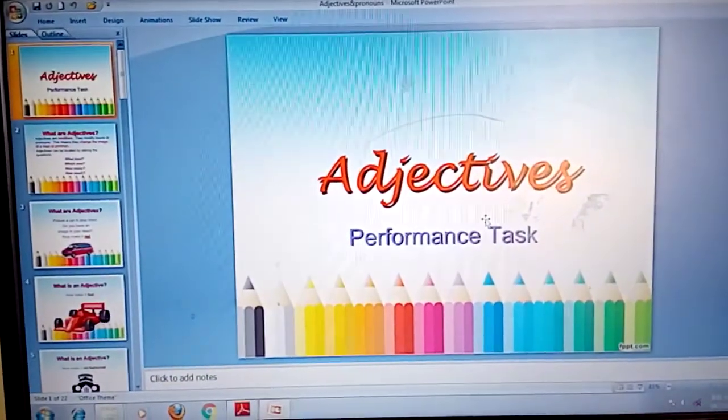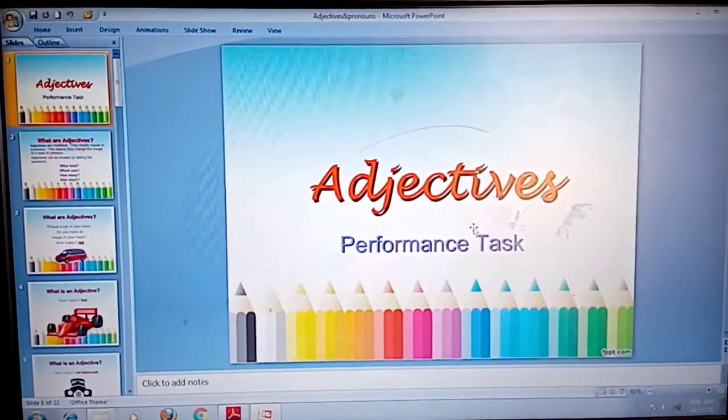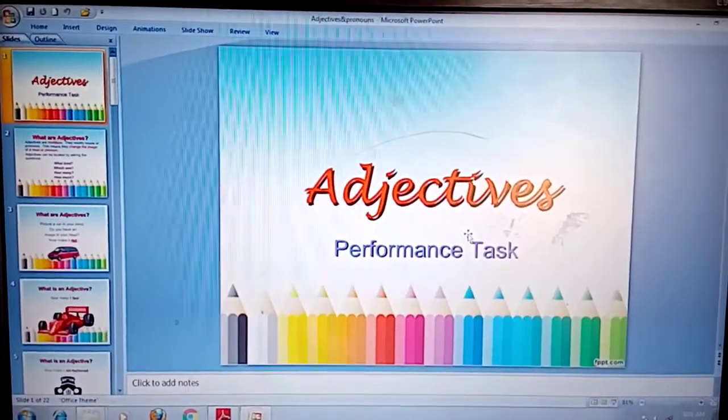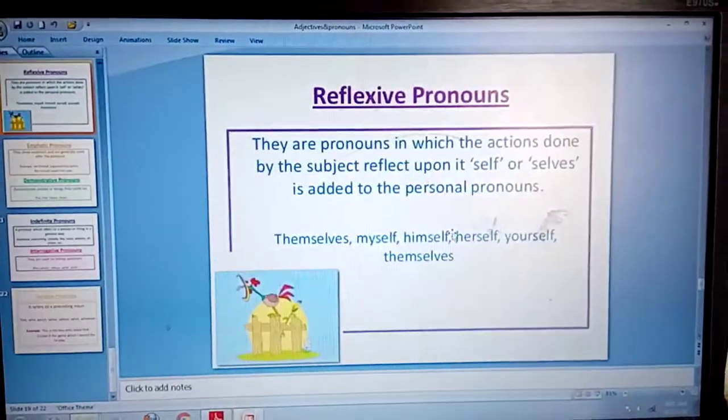As you know, the pronouns are the words which are used in place of a noun.